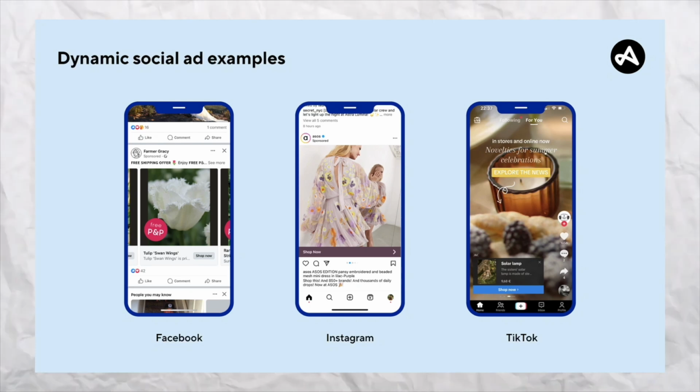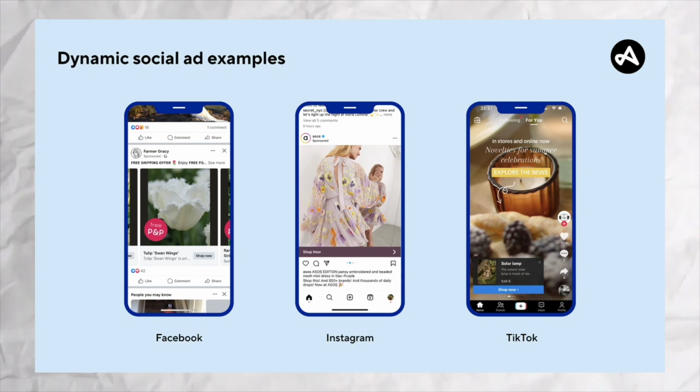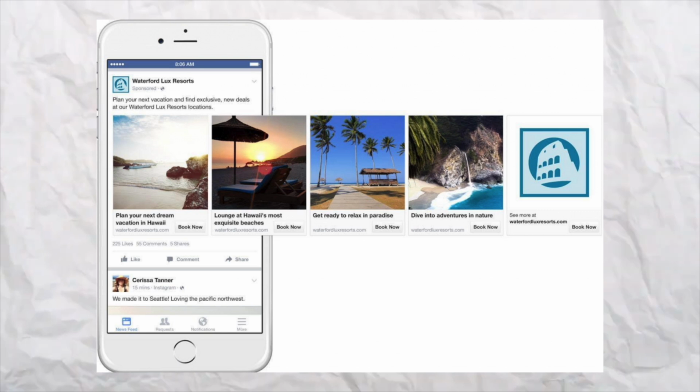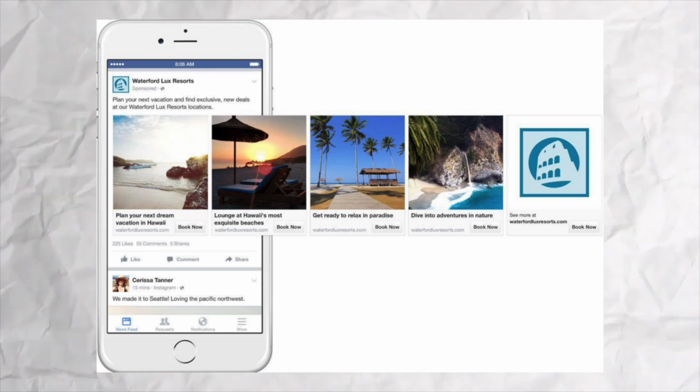So when the user sees the dynamic creative, they are more likely to convert because maybe they see a hot selling or very cheap product among the category they browsed. So they are likely to click in and maybe convert with different products.